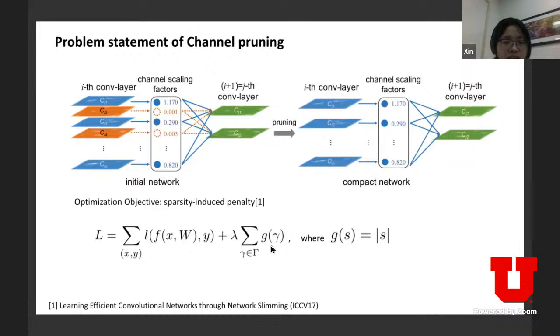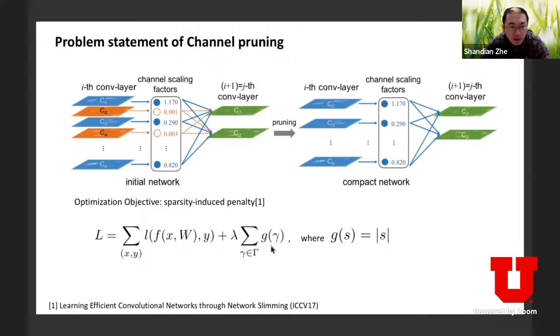There is one extra term, g(gamma), which is the L1 norm. With the additional L1 norm on gamma, when we train the network, on one side it can get better accuracy with the first term, and also it can get a sparse network with the penalty on the scaling factor gamma.